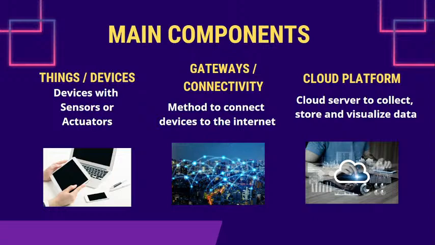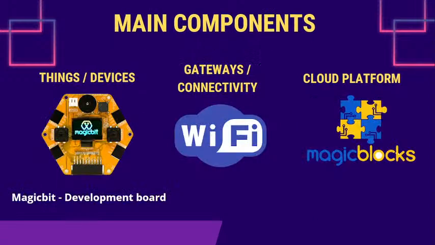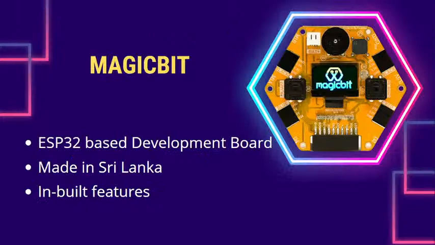So for these three components in today's session, we are going to use the Magicbit. This is a development board. I told you that as the devices or things in our IoT, we can use fully developed devices, and development boards also. So in today's session, we are going to use this development board for our applications.